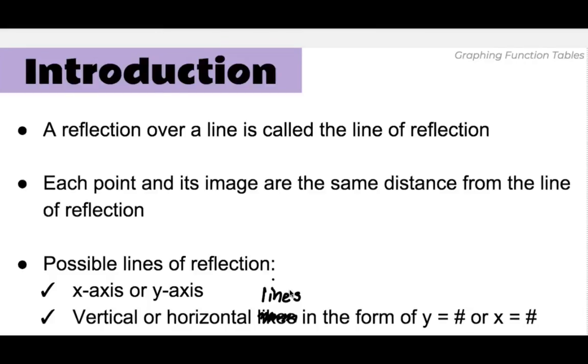So the x-axis or y-axis could be our line of reflection. A vertical or horizontal line could be the line of reflection. Or you could actually have a regular line, like the lines that we've been graphing, in the form of y equals mx or y equals mx plus b. So we have all different possibilities of how the line will reflect.